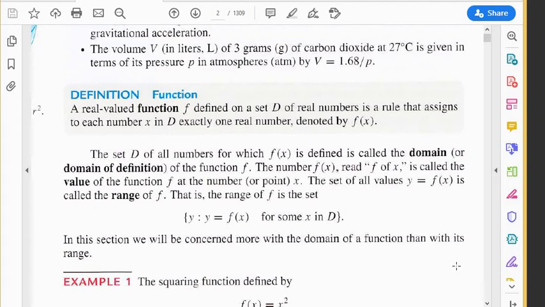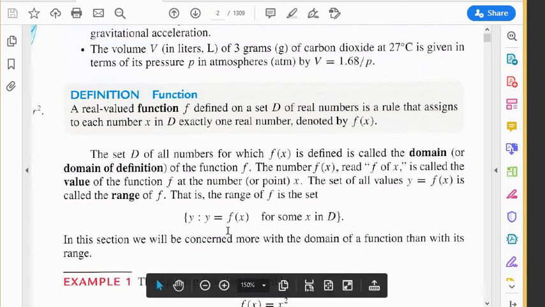The number f of x is called the value of the function f at the number or point x. The set of all values y equal to f of x is called the range of f. That is, the range of f is the set. This is the way that the function is denoted.